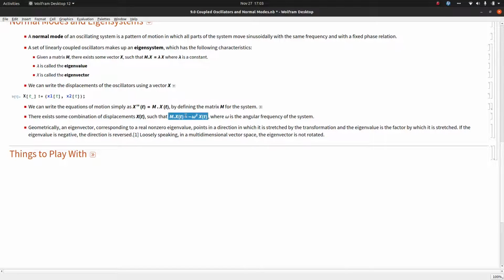Specifically, when I take M times an eigenvector x of t, that is going to equal minus omega squared times x of t, where minus omega squared is your eigenvalue. The omega in the eigenvalue is equal to the angular frequency of the system.